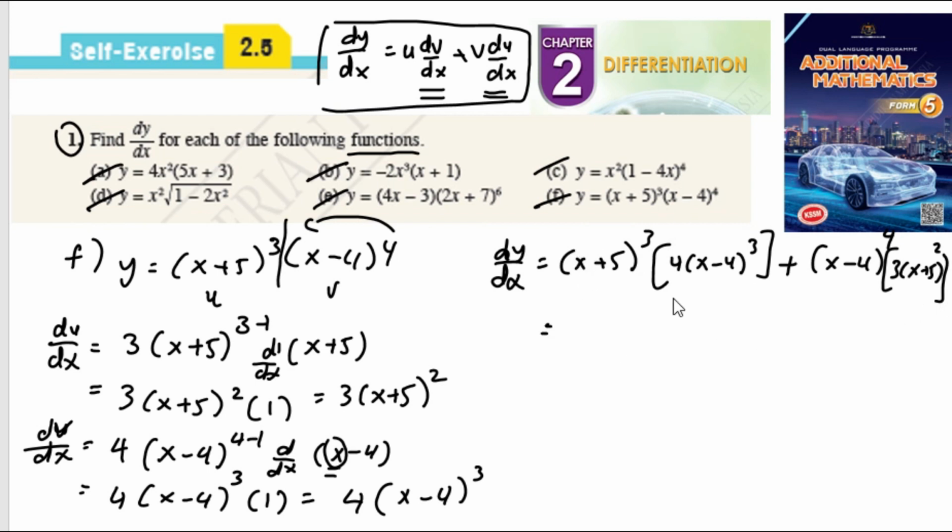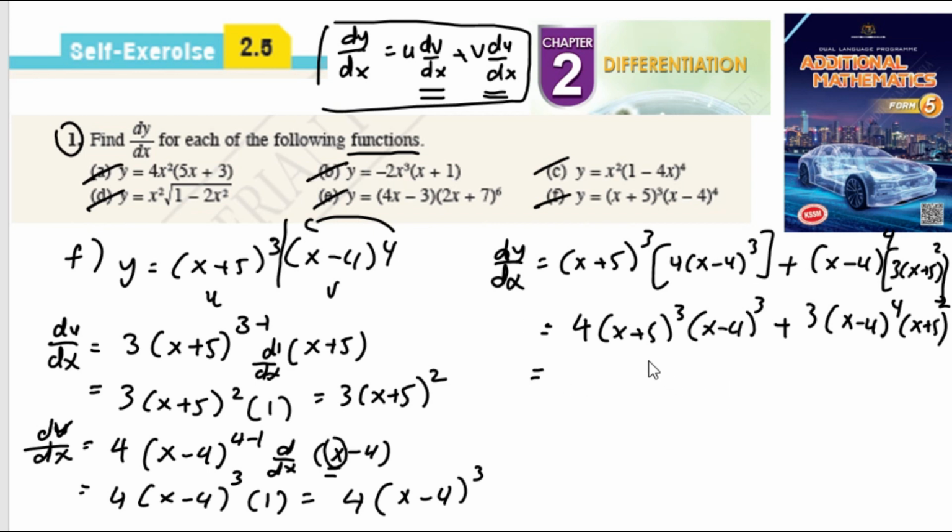So when you get this, actually you have to factorize. Never mind, just expand first. So this one is 4 times x plus 5 cubed times x minus 4 cubed, plus 3 times x minus 4 to the power of 4 times x plus 5 squared.